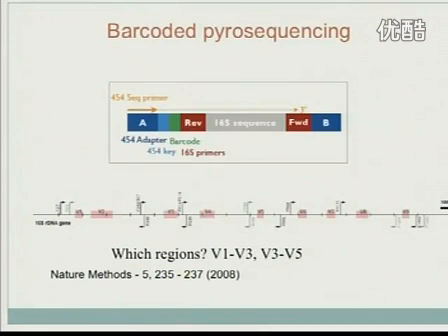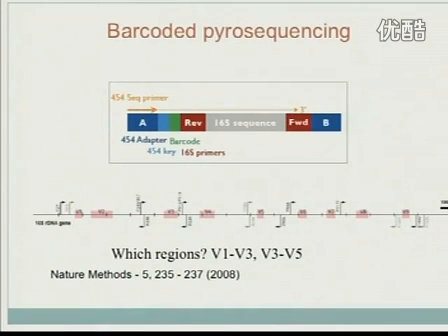So 16S. This is the 16S gene, and you can see from here it's about 1,500 base pairs long. If you look at the conservation patterns of those genes among different species, they have many very conserved regions and also very hypervariable regions.